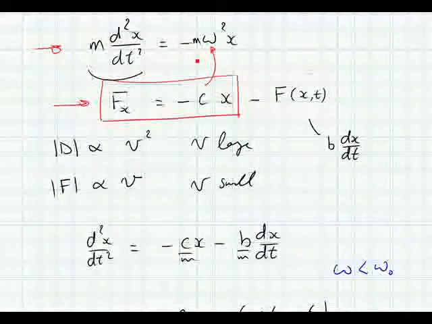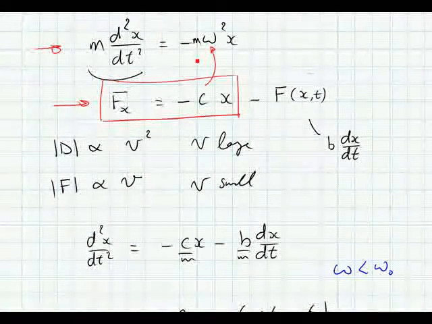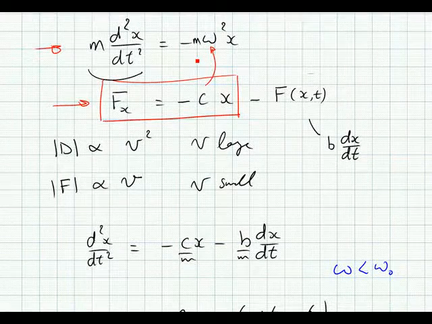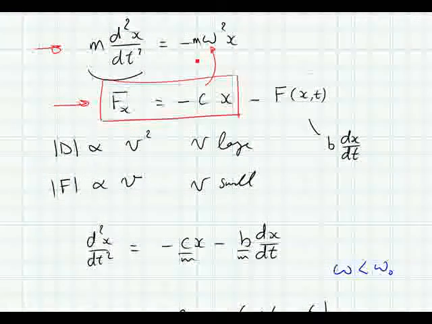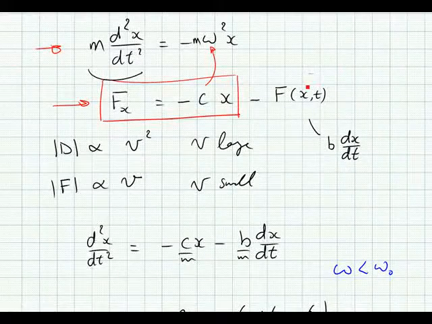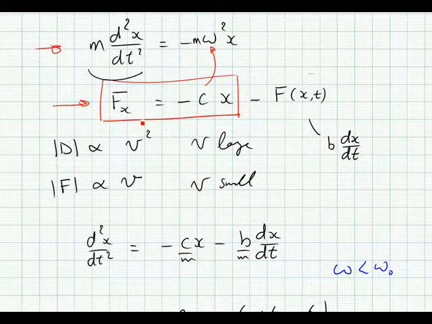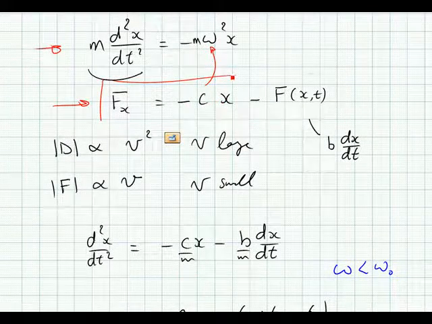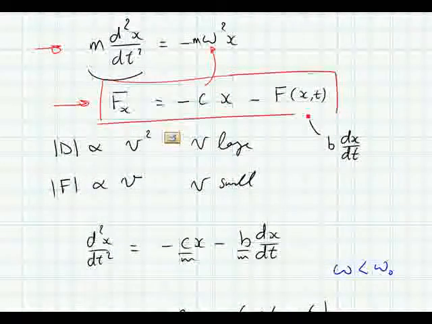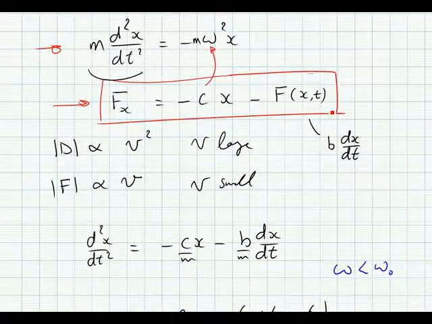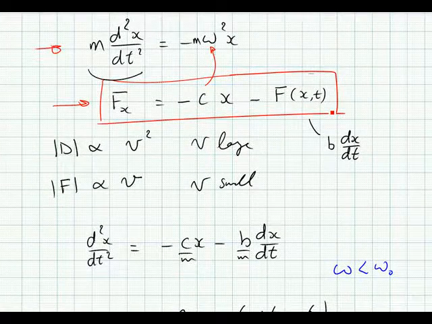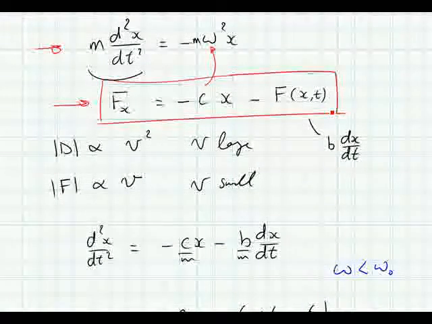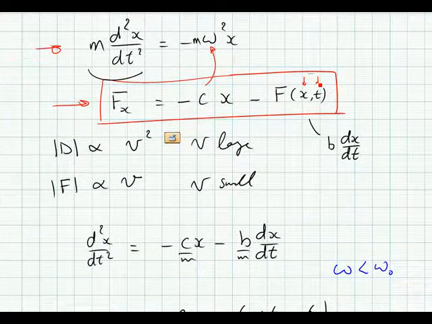Now what if there are other forces involved in our system? For example, if we were to take our pendulum, strictly speaking, the pendulum moves in air, so there is some air resistance involved. So we can now add yet another term to our equation. So the force is not simply equal to minus cx, but there's yet another force acting on the bob, and this force may depend on position, and of course time.